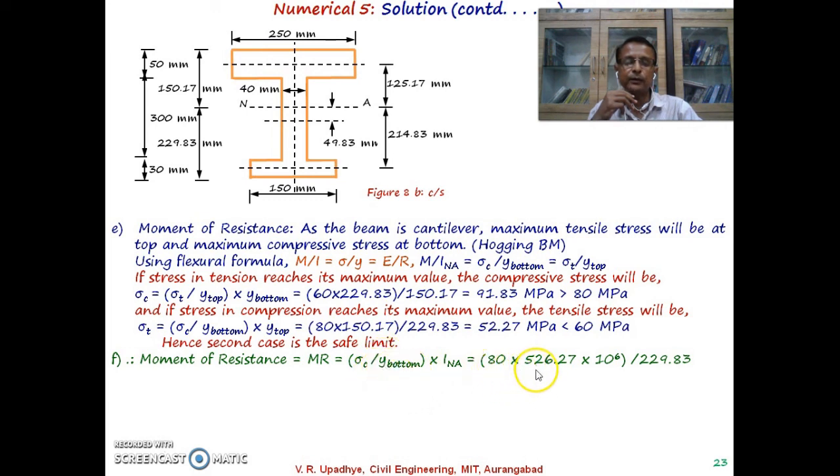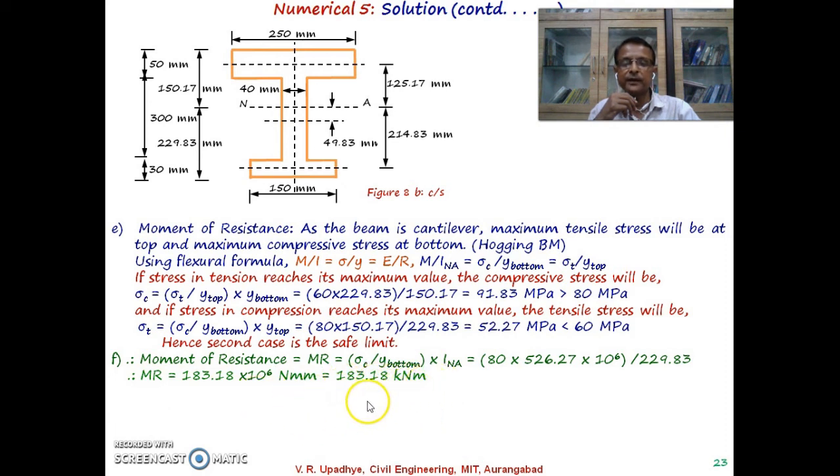So 80 into 526.27 into 10 to the power 6, this was earlier calculated moment of inertia of the cross section about its neutral axis, divided by Y bottom, that is 229.83. If we calculate this, we get the moment of resistance of the cross section as 183.18 into 10 to the power 6. Again, all the calculations are in Newton and mm. So this moment of resistance is in Newton mm, and it is written in kilonewton meter as 183.18 kilonewton meter.